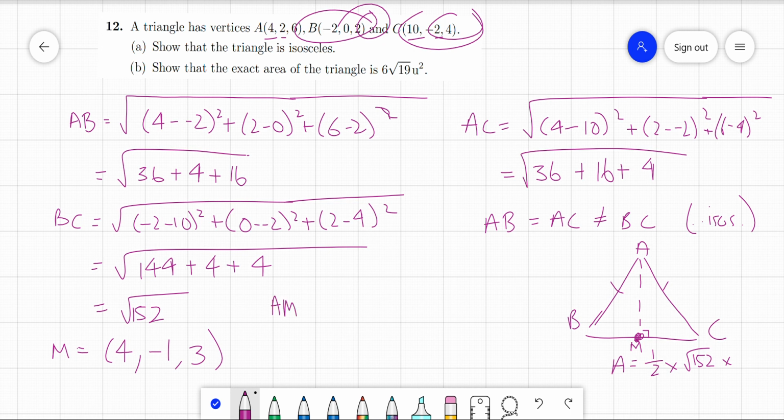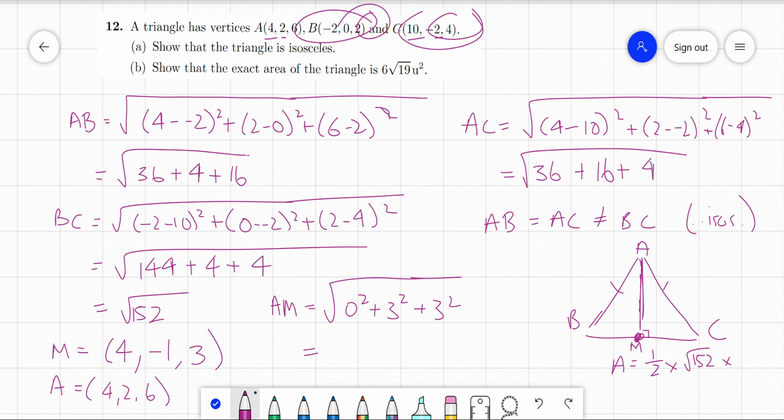If I'm interested in this distance AM, because that's my perpendicular height, that would be the square root of, where's A? Alright, I'll just put A here so I can compare it easily. 4, 2, 6. So 4 minus 4, minus 1 minus 2, which is minus 3, so 3 squared. 3 minus 6 is minus 3, so that's also going to be 3 squared.